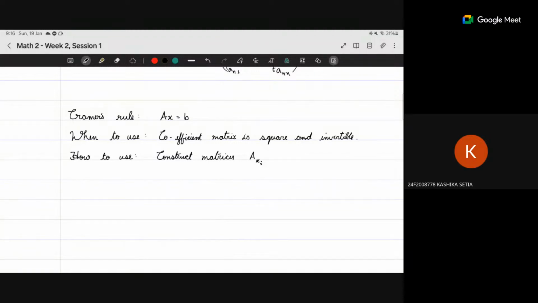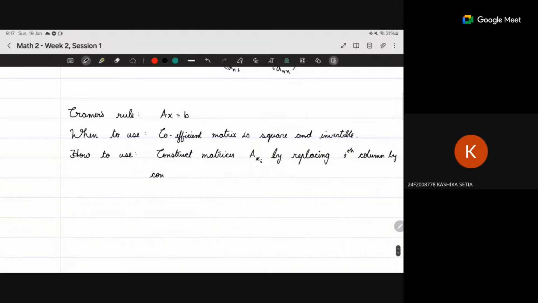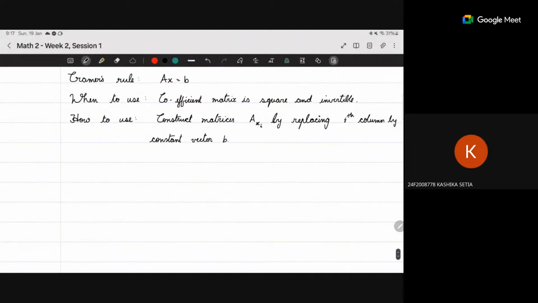Let's continue. So we construct these matrices AXi by replacing the ith column by the constant vector B. Then xi is equal to determinant of AXi divided by determinant of A.